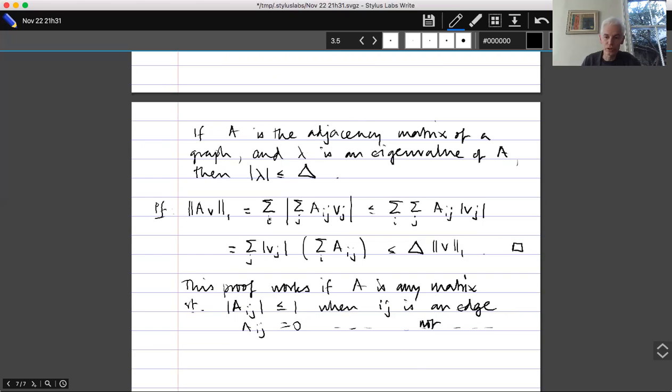It's just because, to have a look at this proof, I could have put here a modulus sign. So I'll just add that in.